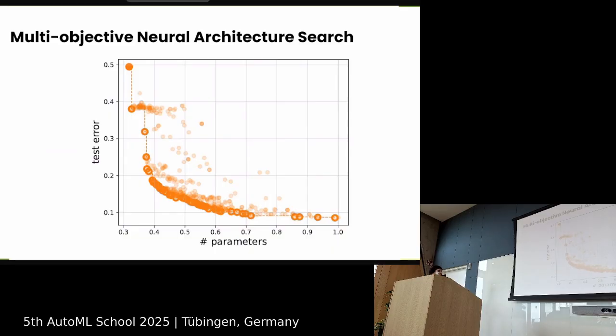So the more we are to the lower left, the better. But obviously, if you want to minimize, actually this is a typo. I think it should be, no, sorry, both are minimized, so it's correct. But the more parameters you have, the lower the test error might be, but obviously that objective increases.